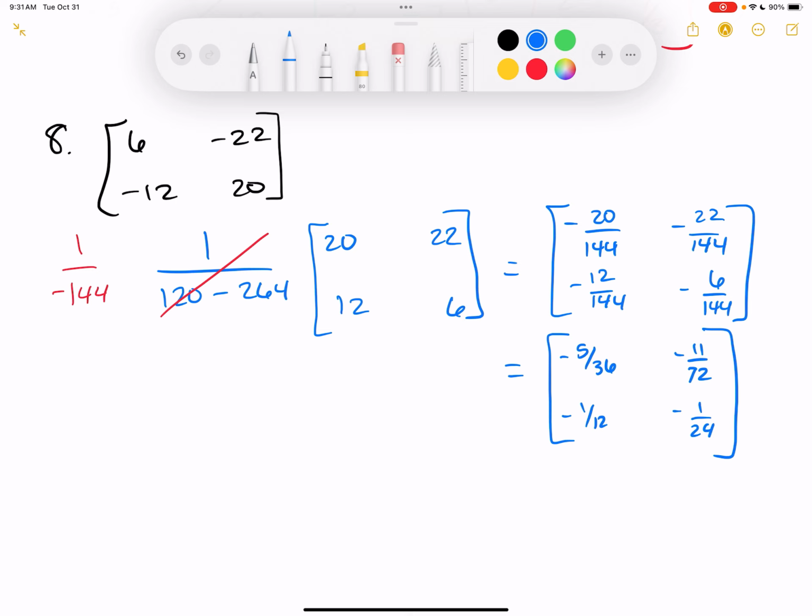And we got the identity matrix, so we know that we, in fact, do have an inverse. So if you ever get a problem that says, show that these are inverses of each other, all you would need to do is take the original and the one that they're saying is the inverse and multiply them, and it doesn't matter in what order. It will always give you the identity matrix if they are inverses.